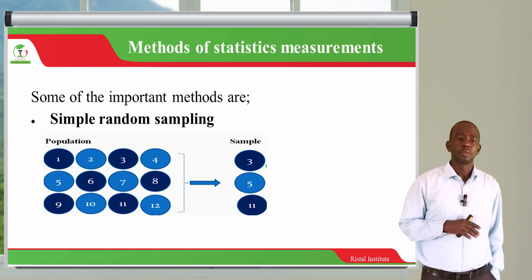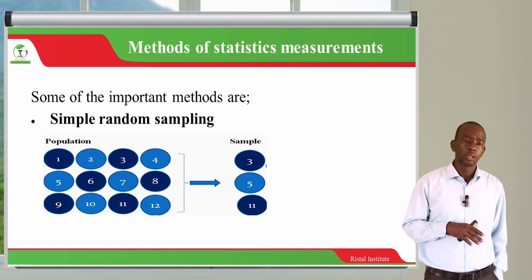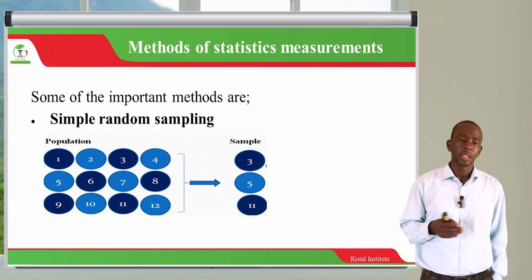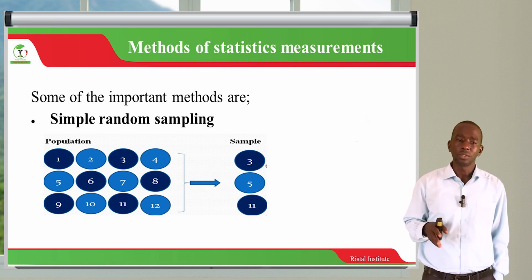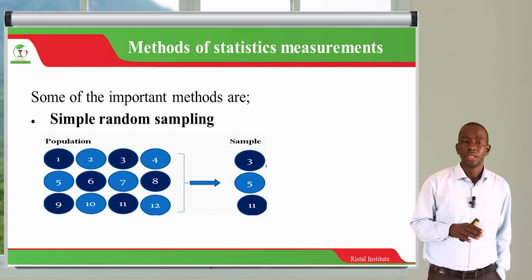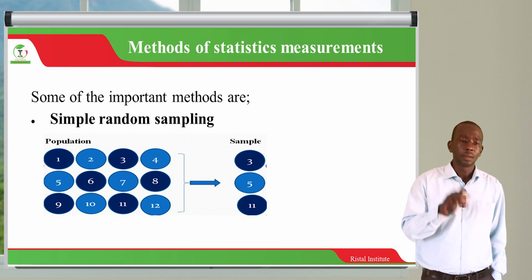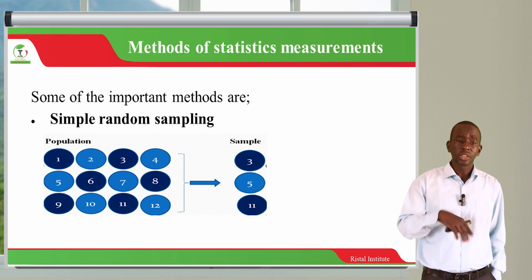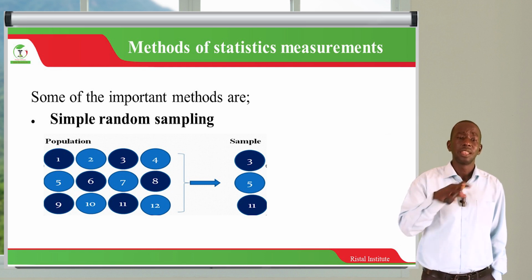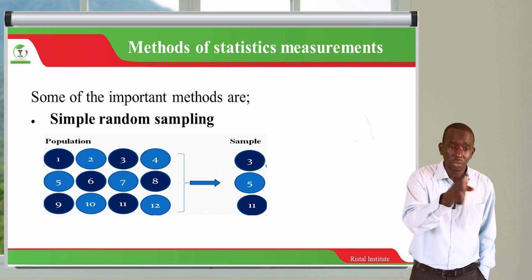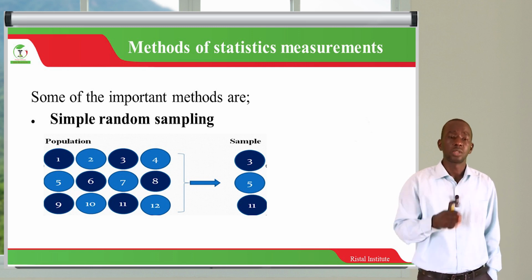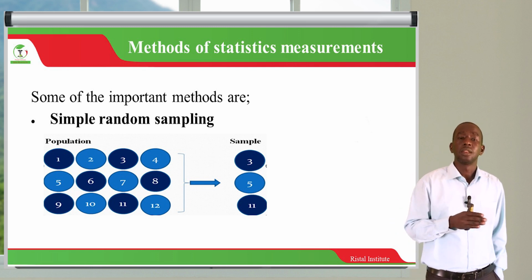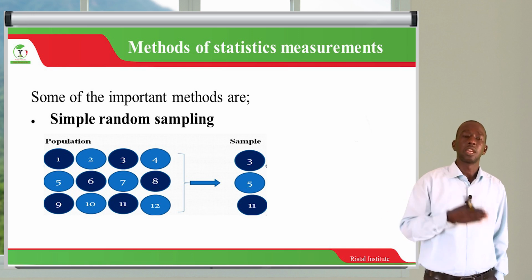Here in the graph, you'll see population 1, 2, 3, 4, 5, 6, 7, 8, 9, and 10 to 12 is the existing population. Now, how do you select? By randomly picking from the population. You pick 1, you pick 3, you pick 4. That's randomly selected according to the arrangement we see in the box here, and you take the sample that represents the entire population.